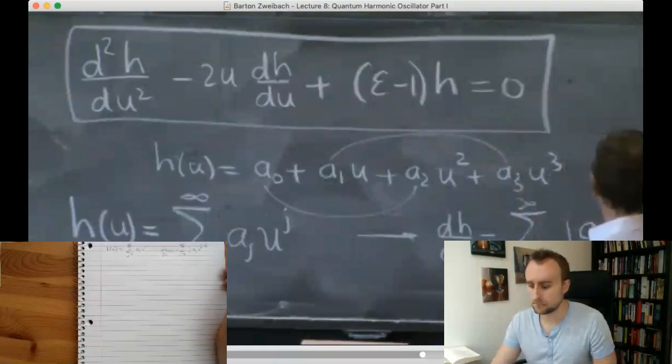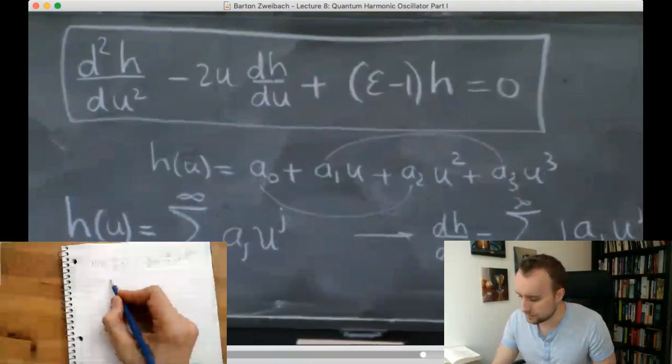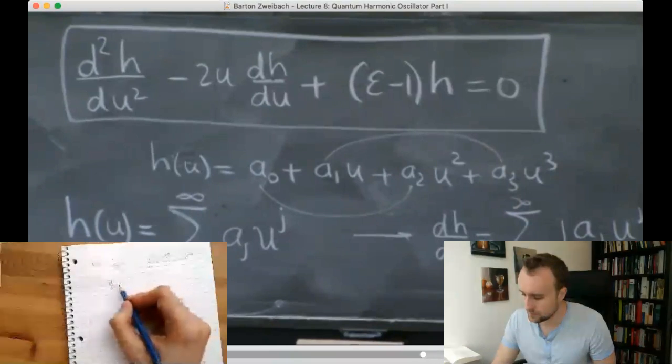And then we'll have d²H/dU² equal to the same thing.